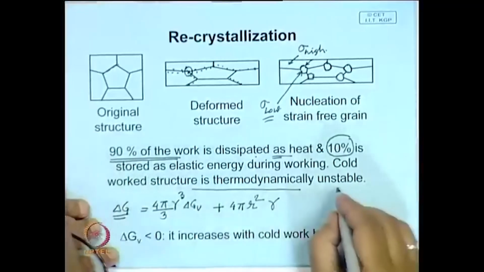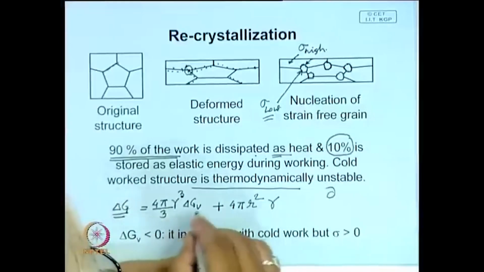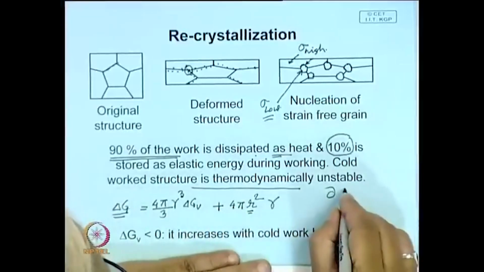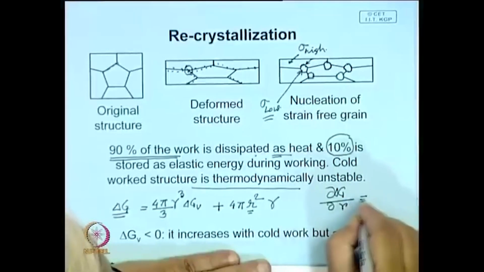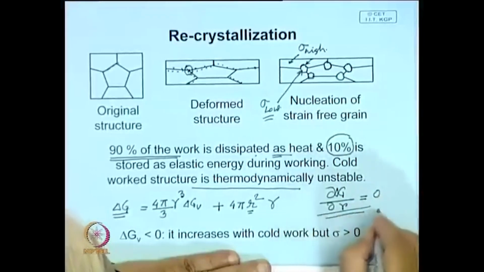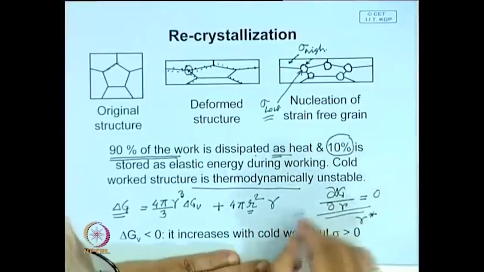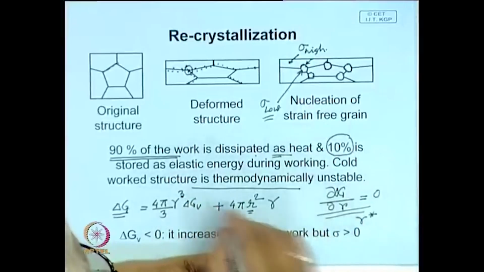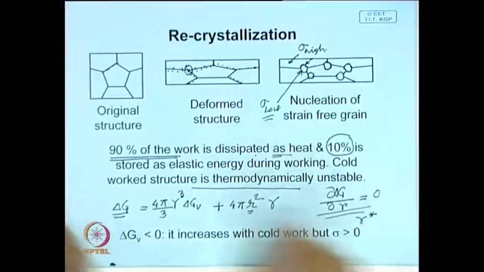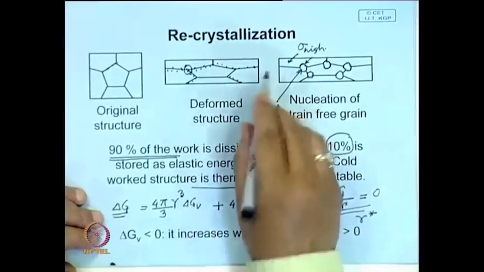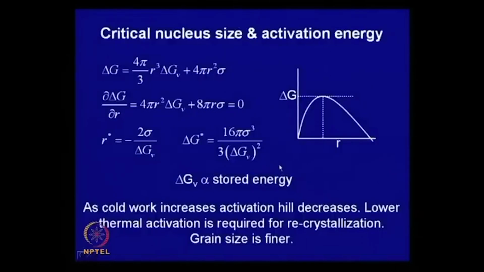Now, you can differentiate it. So, this is a function of R. If you differentiate this delta G with R and equate it to 0, you can find out a critical size of the nucleus, and also you can find out the maximum, that is the activation hill which it has to exceed so that the process continues, and this is shown in this figure over here.